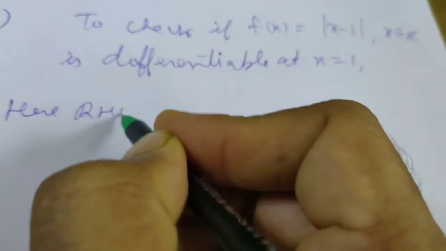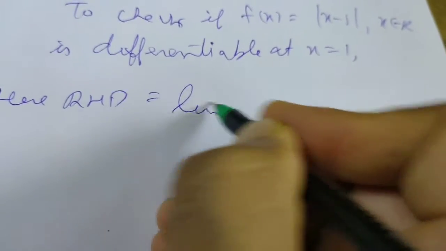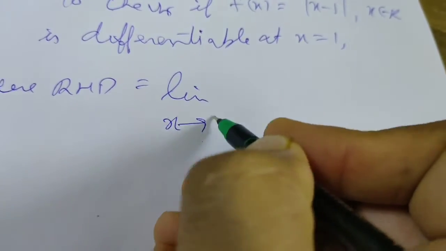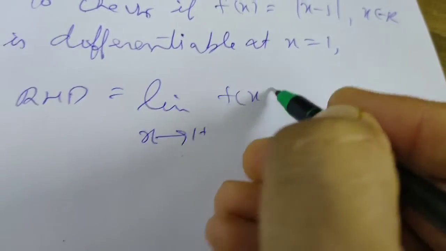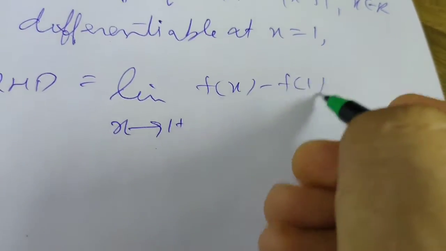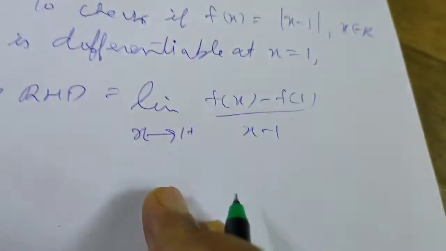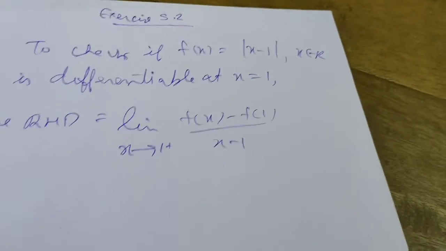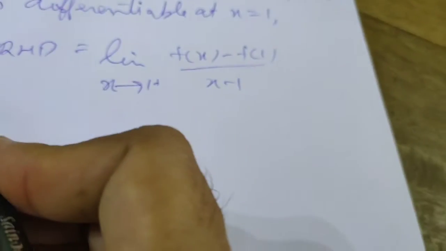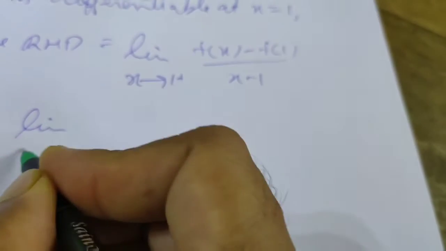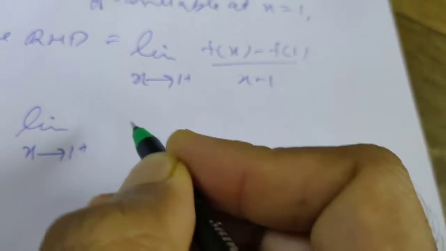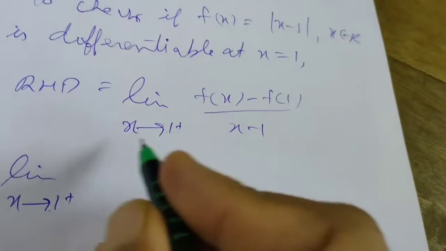Right hand differentiation RSD equals limit x tends to 1 plus, (f(x) - f(1)) over (x - 1). So this will give us limit x tends to 1 plus, what is f(x)? f(x) is modulus of x - 1.